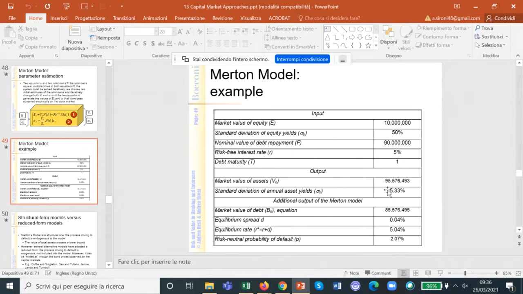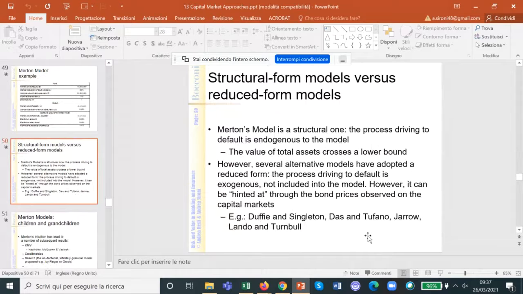Now, with these inputs, we can then apply the Merton model, and we can compute the market value of debt, the equilibrium spread, the equilibrium rate, and the risk neutral probability, which is 2%. Okay, and this is again a risk neutral probability. So to recap, the Merton model, as we said, is a structural model, which reflects the structural features of a company, its financial risk, which is leverage, and its business risk, which is asset volatility.